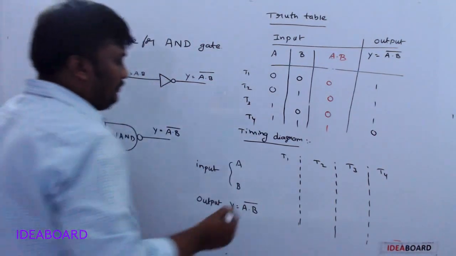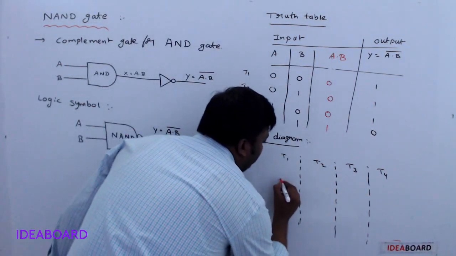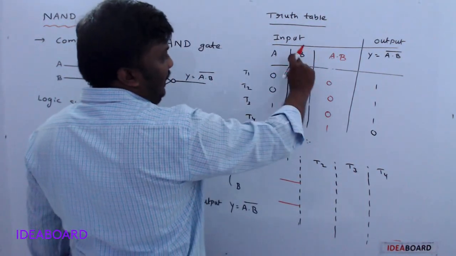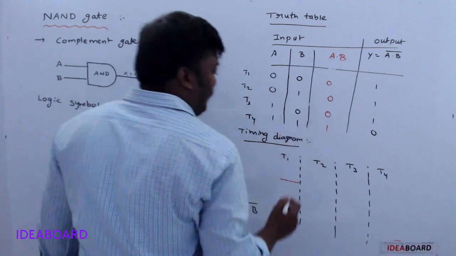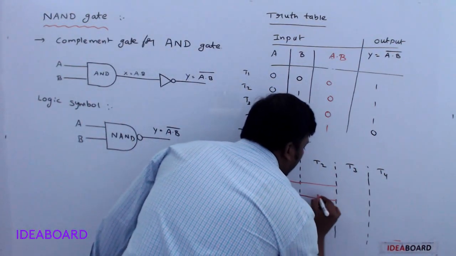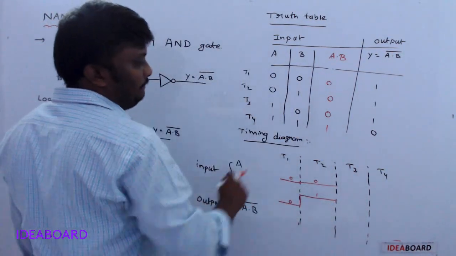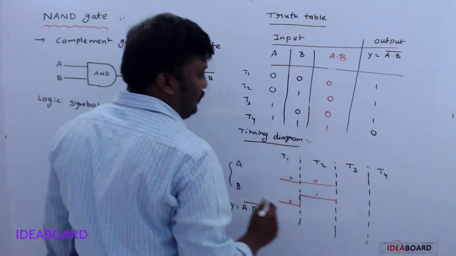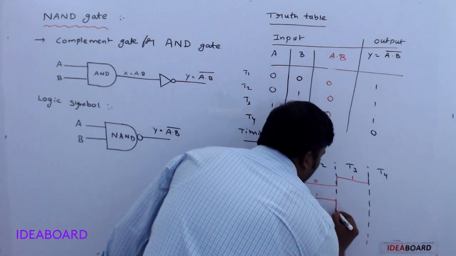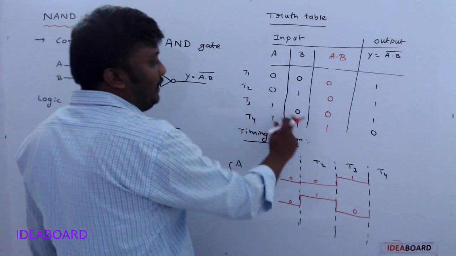Check once. At T1, A is 0, B is 0. Next, at T2, A is 0, B is 1. At T3, A is 1, B is 0. At T4, A is 1, B is also 1.